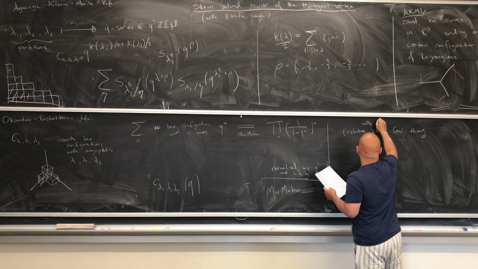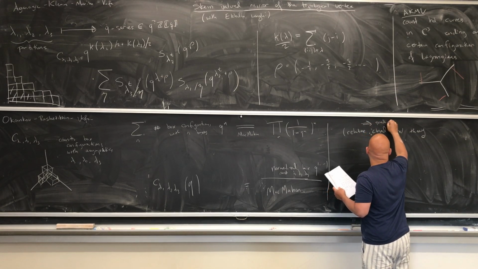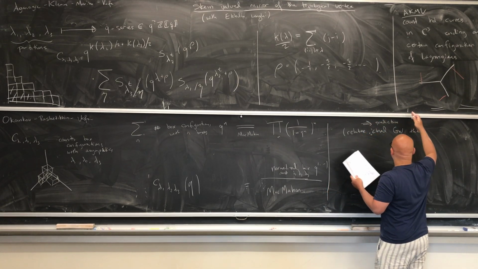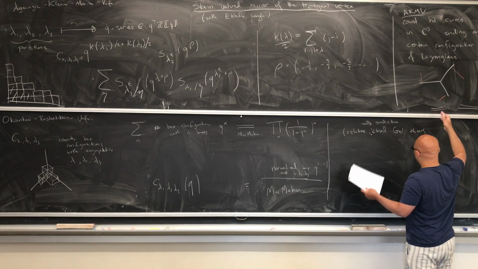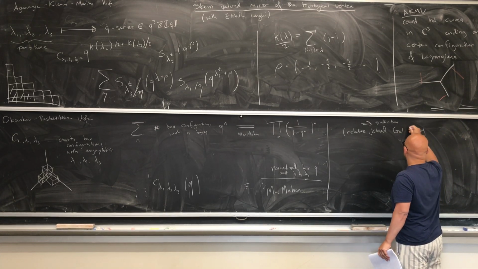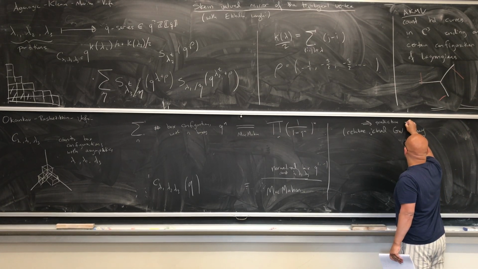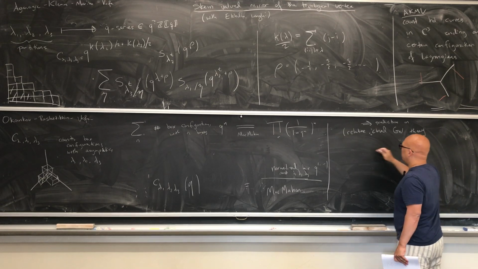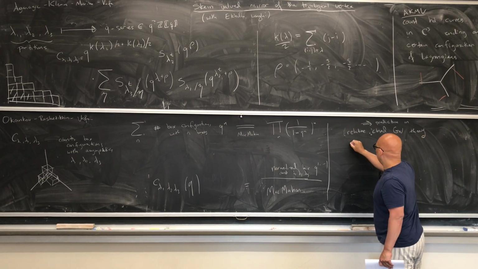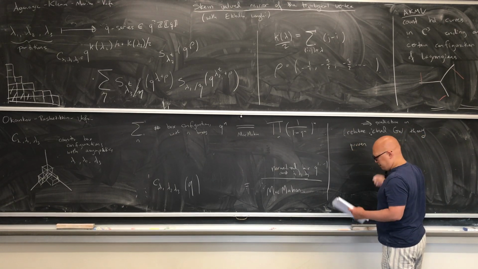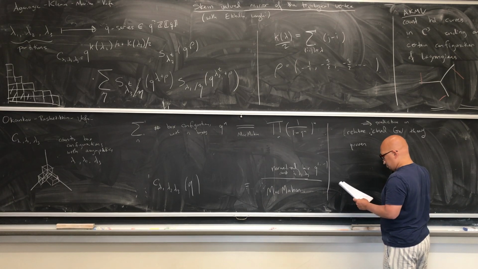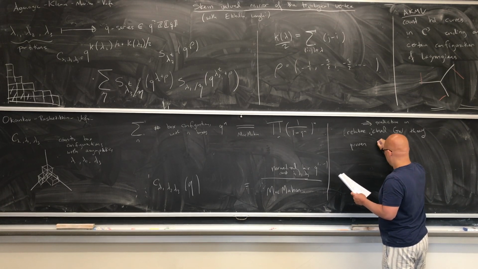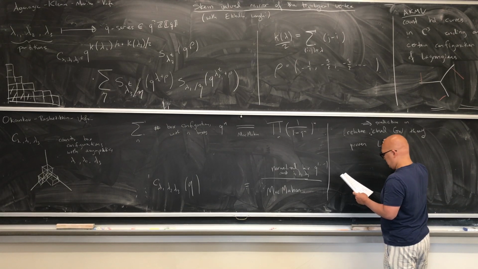So this implies a prediction of a slightly different count given by the same formula in the relative closed Gromov-Witten theory, which was proven by two groups.